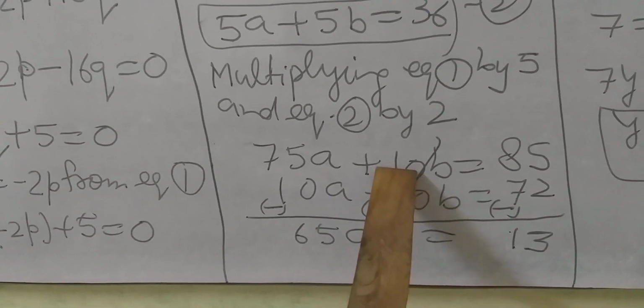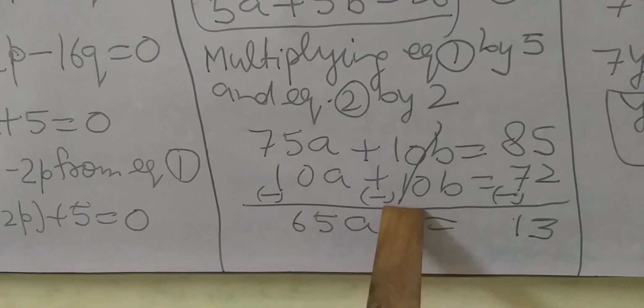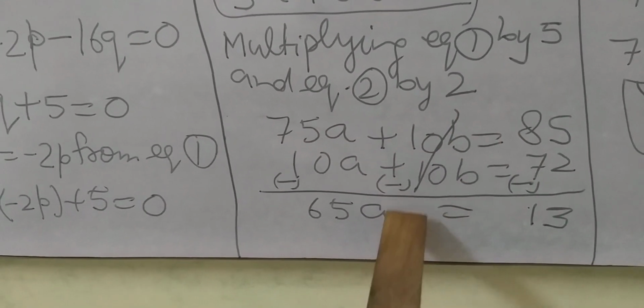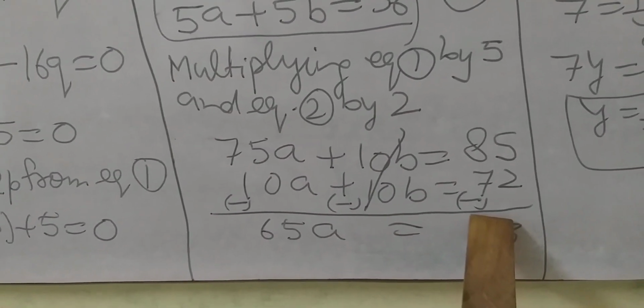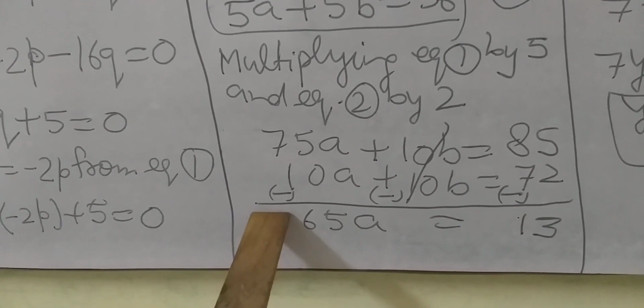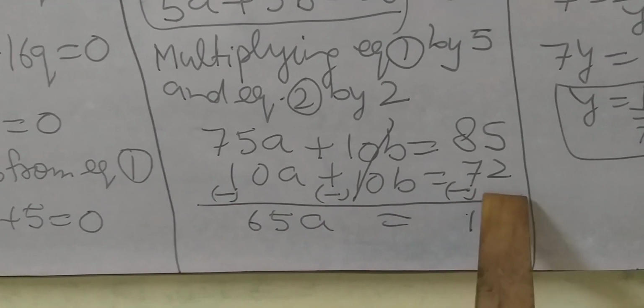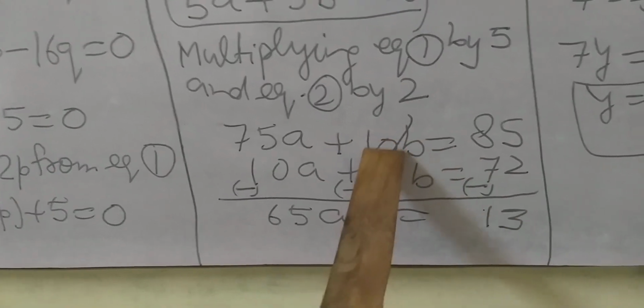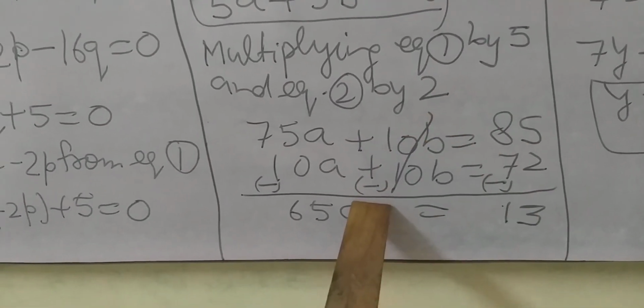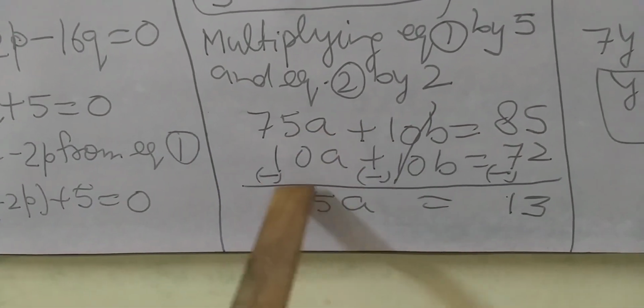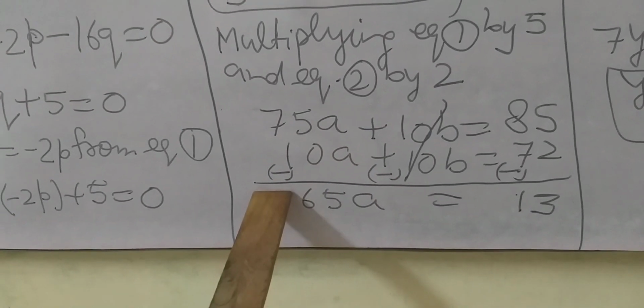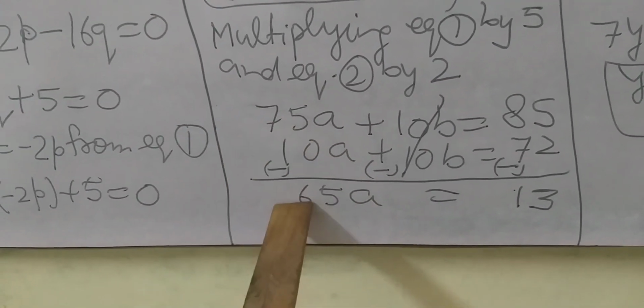Okay, you can see students, 10b both are positive here. To cancel them we have to change the sign. So minus. So 10b will be cancelled. 75a is positive and 10a is negative, so these two will be subtracted.